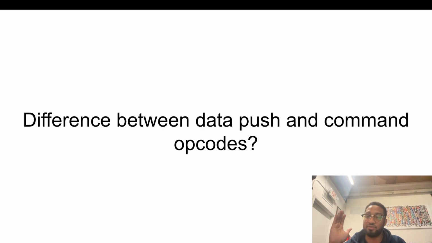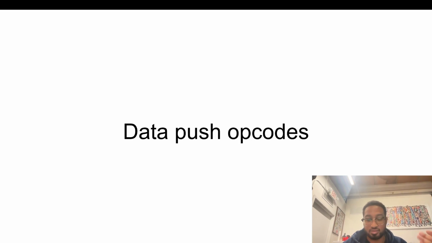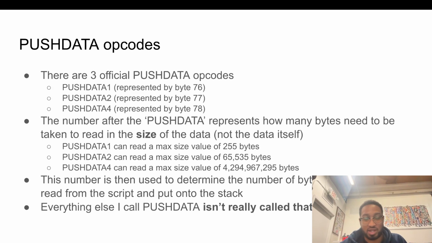So I differentiate opcodes between being something called a data push opcode and a command opcode. And I would like to go into why I make this difference and what the difference is at all. So let's go over data push opcodes to start off to see what that means. So push data opcodes. There are 3 official push data opcodes.